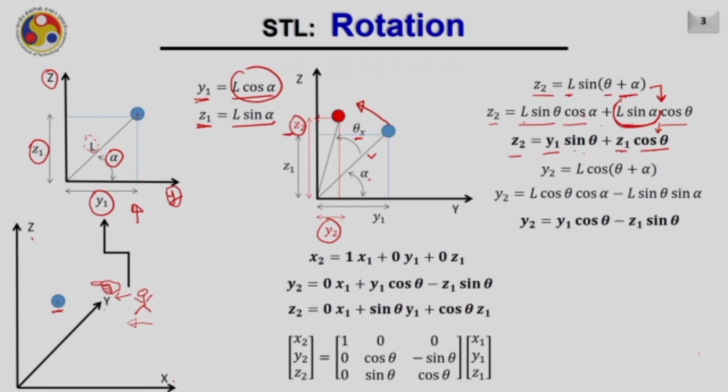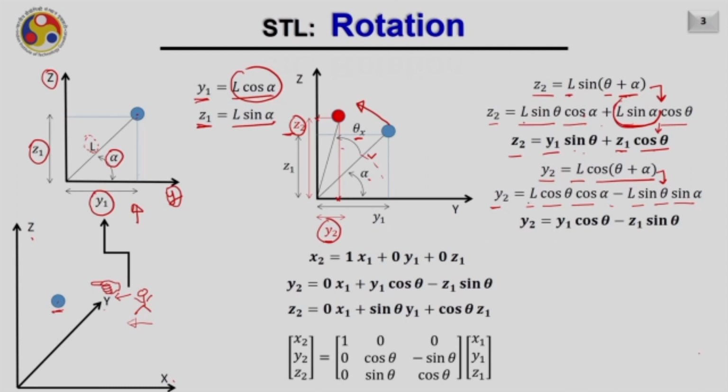In a very similar fashion, I can write the projection of this point on the y-axis, that is y2, and y2 will be equal to L cos of theta plus alpha, the angle from here to here. Now, let us expand this term and you will get y2 equals L cos theta cos alpha minus L sin theta sin alpha.